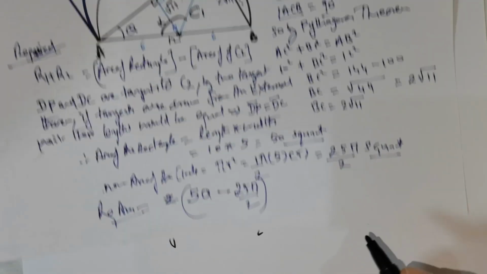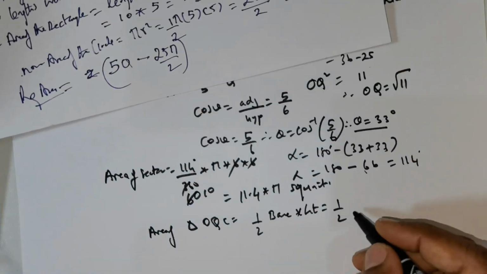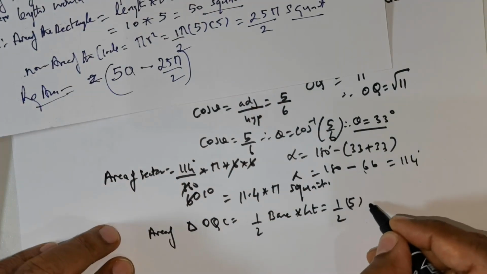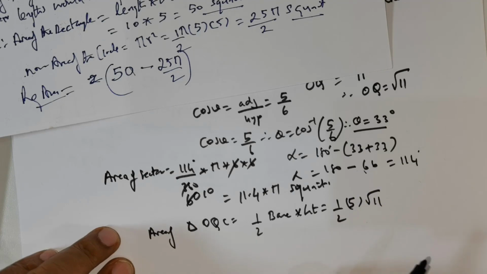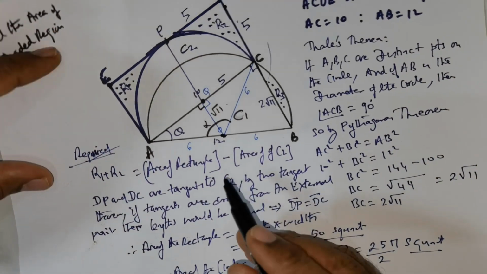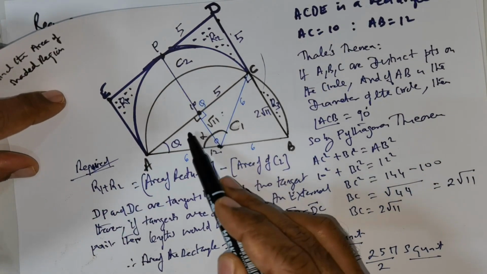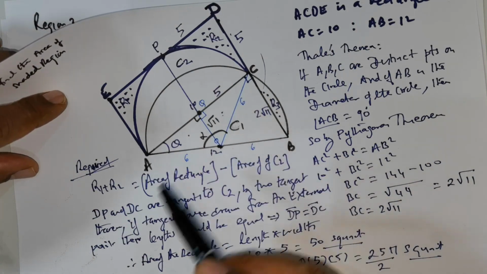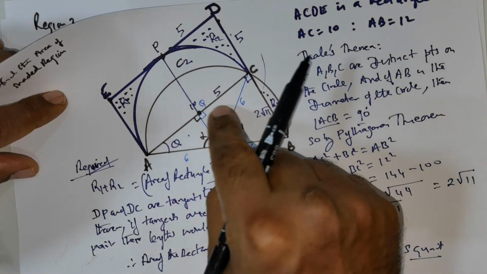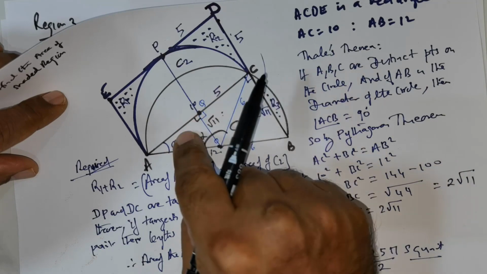My base is 5 units, height is root 11 units, so 5 into root 11. This is one part, right? There are two parts, so this is a part and this is a part. To get the total area, I'm only getting one part, so I need to multiply this by 2.